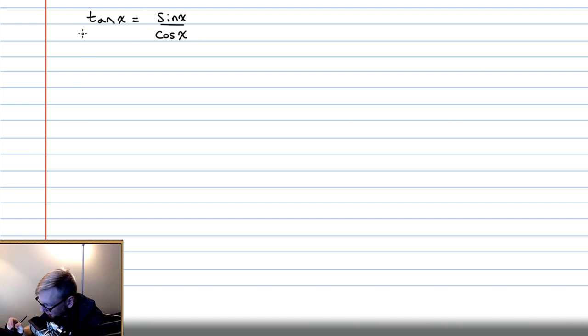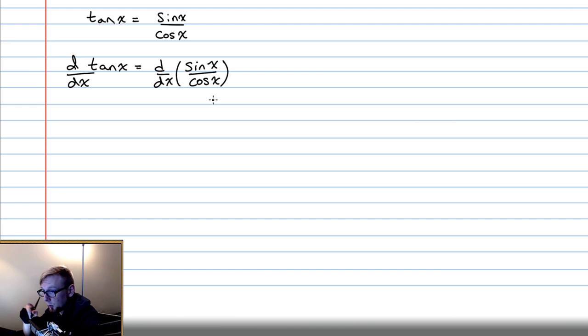So what if we want d by dx of tan x? What do we do? Well, what's the derivative of tan? We'll use our nifty reference guide. Derivative of tan is secant squared. So secant squared.